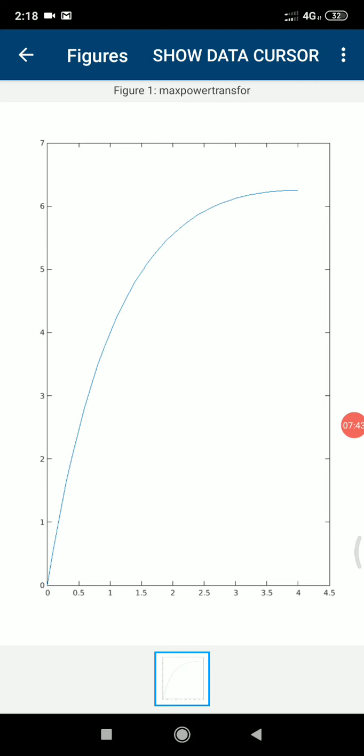So in this graph, the maximum is at 4. So the maximum power transfer is at the resistance of 4. That means load resistance is equal to the source resistance. When the load resistance is equal to the source resistance, the maximum power will transfer. So this is the graph to explain the maximum power transfer theorem.